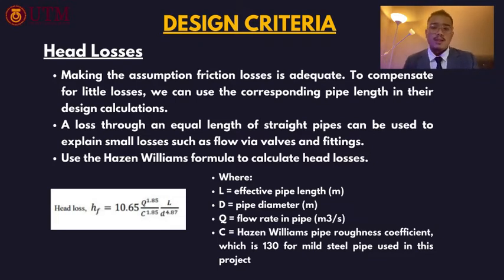This project allows us to use the Hazen-Williams formula to calculate head losses. Here is the formula to calculate the head loss, whereby L is the effective length, D is diameter of pipe, Q is the flow rate in the pipe, C is the Hazen-Williams pipe roughness coefficient.